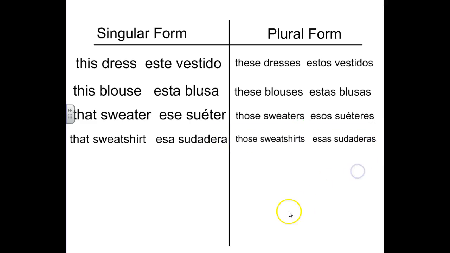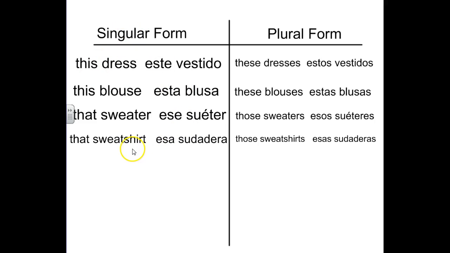Muy bien. So to recap this entire thing, basically what you have to do is figure out which word is which. We have the words this and these, and those words in español are either este, estos, esta, or estas, depending upon whether the noun is masculine or feminine.